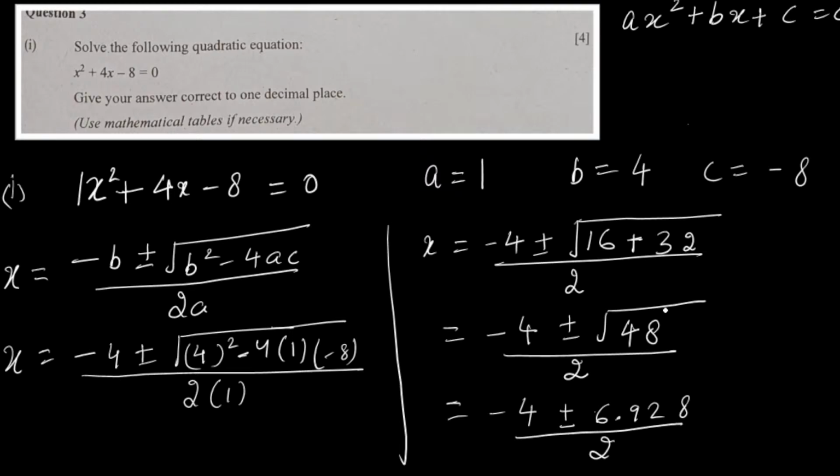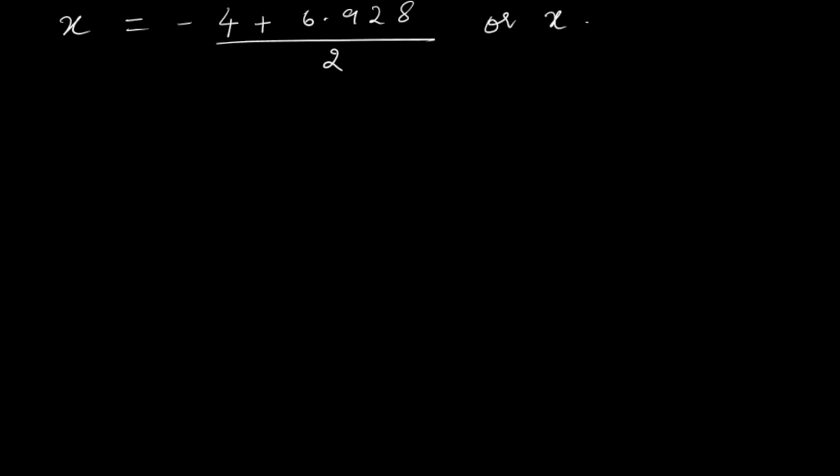So take 3 or 4 decimals, whatever is mentioned. Minus 4 plus minus 6.928. There are two values of x: x is equal to minus 4 plus 6.928 by 2, or x is equal to minus 4 minus 6.928 by 2.